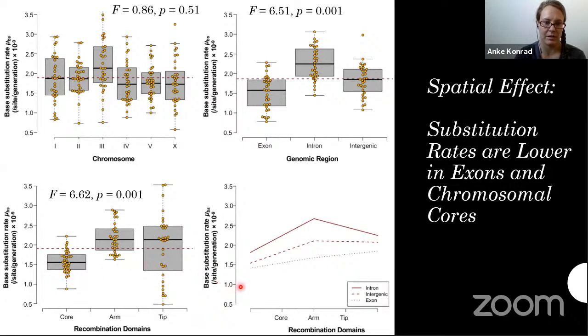And there's no significant interaction between the chromosome on which the mutation occurs, which is up here, the functional domain, exon, intron, or intergenic, and the recombinational domain of the chromosome, which is illustrated in this graph.